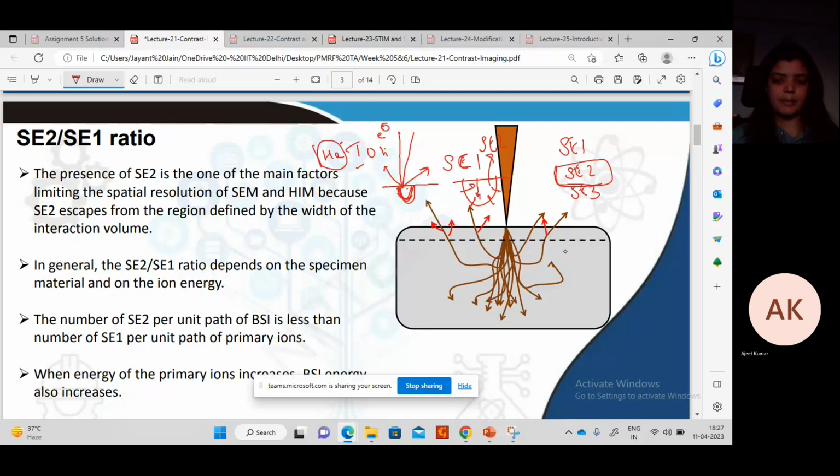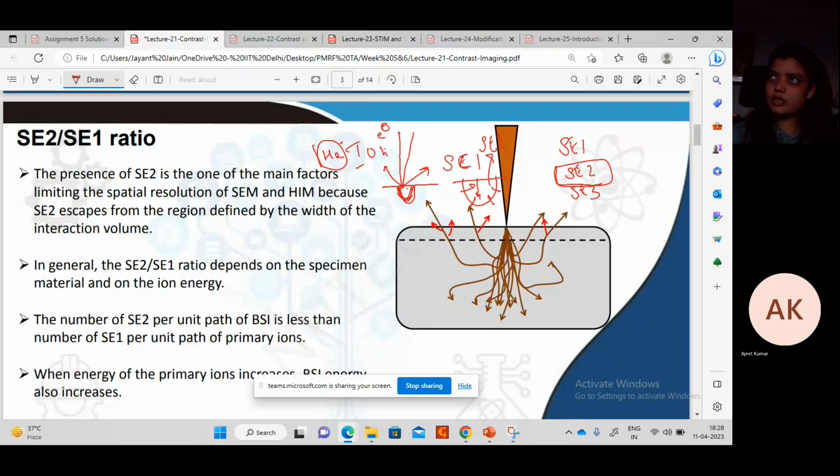As soon as it interacts with the sample surface, it will produce around 7 to 8 SE1 compared to electrons. One electron produces only one or two secondary electrons, but in the case of helium, secondary electron production is around 7 to 8, which is higher. That's why for topographical images, secondary electrons from helium ion are better.